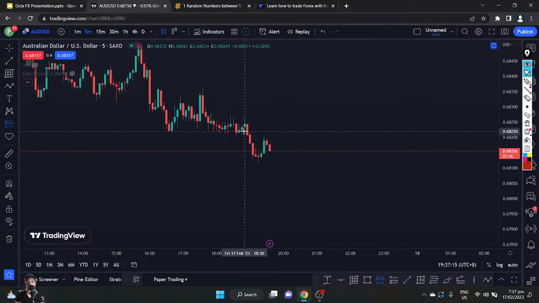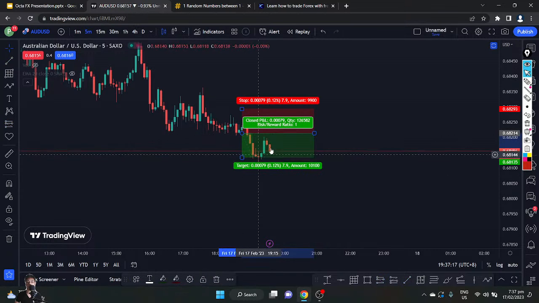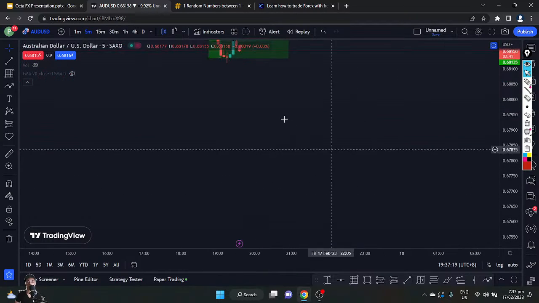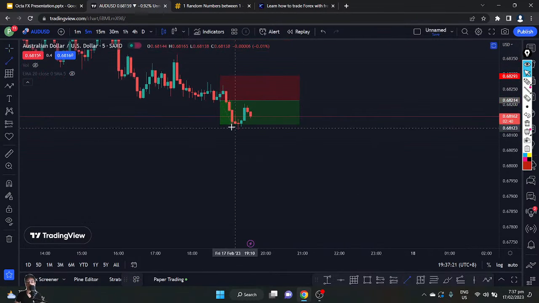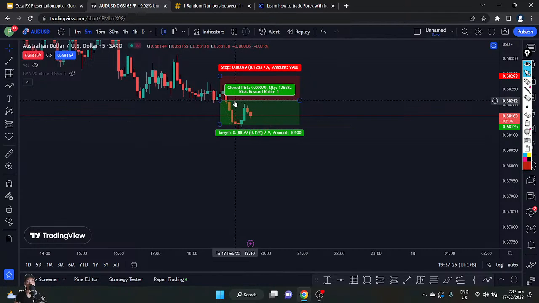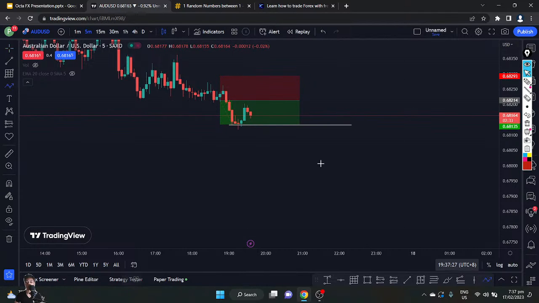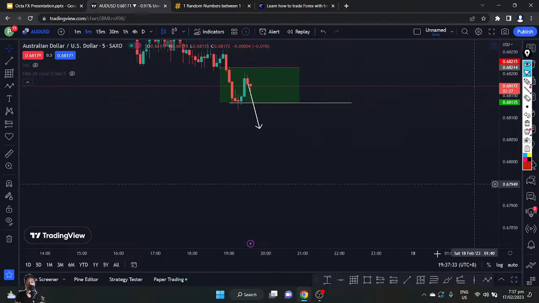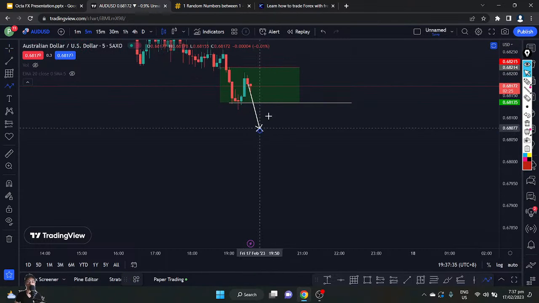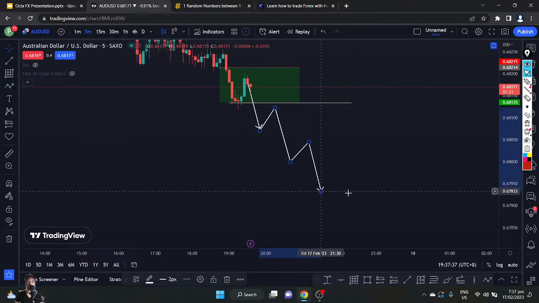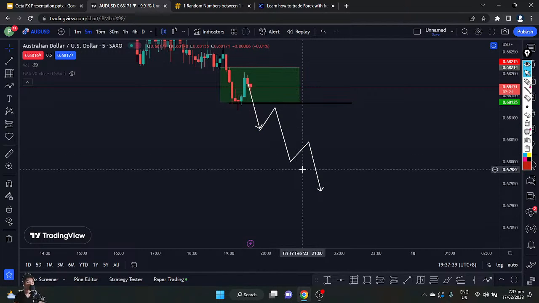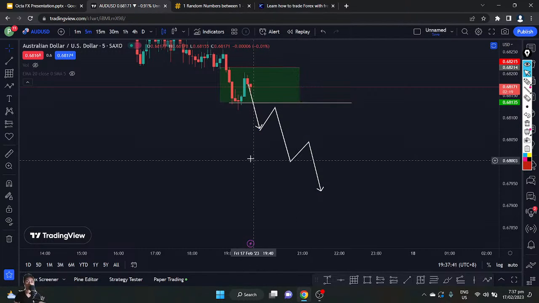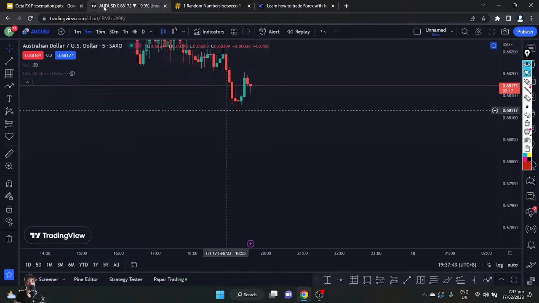So if you saw that the price is now going down again like this, after the price breaks the support, this recent support that we have right here, so let's say the price goes down like that, breaking the support, we can put our stop loss right here, because we all know that there's a probability for the price to continue with its downtrend. Okay, so that's how we can combine all of these things together.